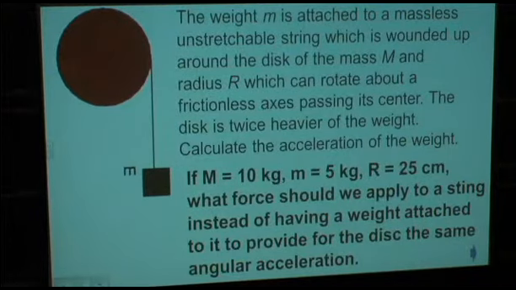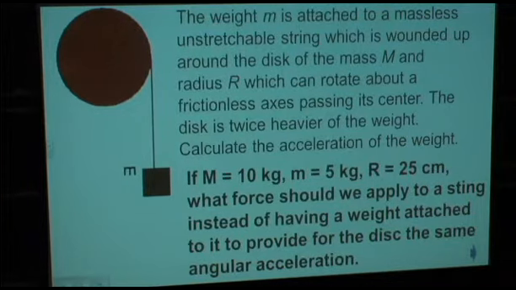Friction always opposes velocity. So if the disk spins clockwise, the torque due to friction has to be counterclockwise. If the disk spins counterclockwise, the torque due to friction has to be clockwise. That's how friction works.